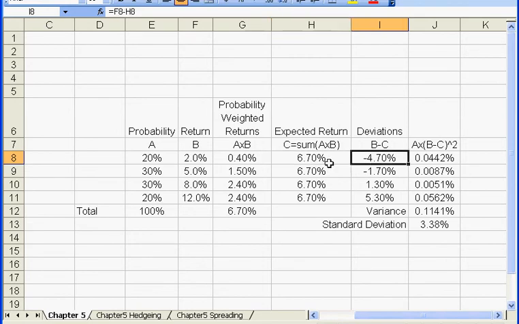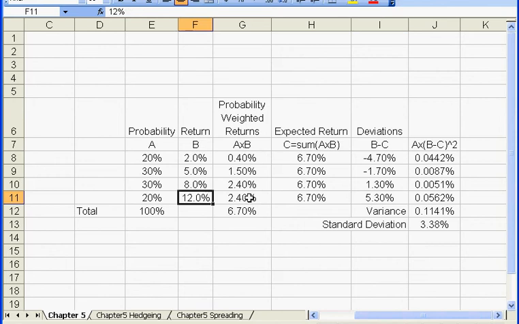And let's think about the deviation. The deviation is, for each outcome, say this 2%, how much it deviates from the expected value. So here I have 2% minus 6.7%, the deviation is minus 4.7%. Let's take another example.